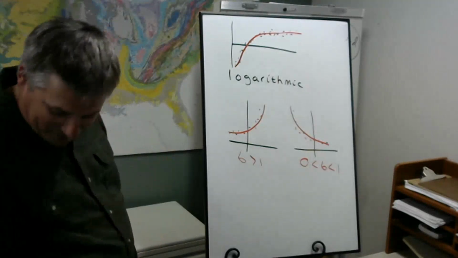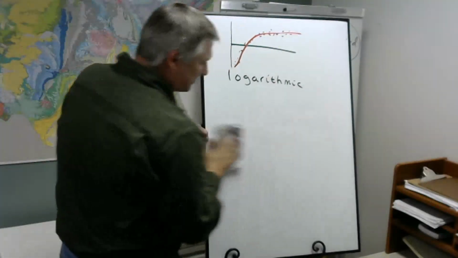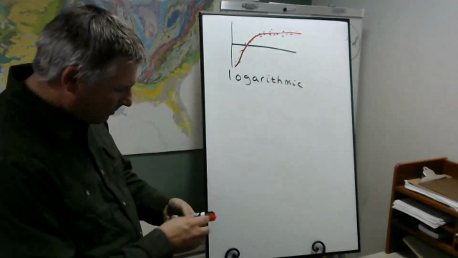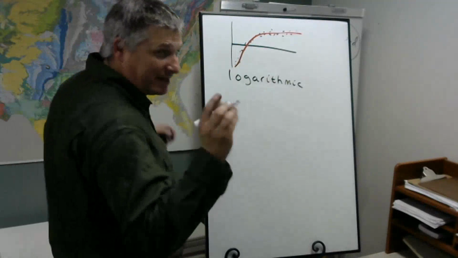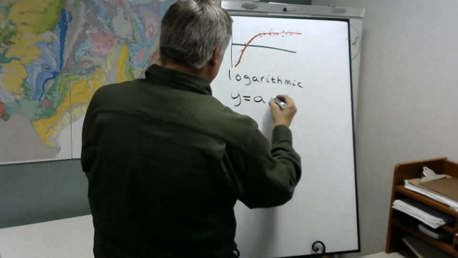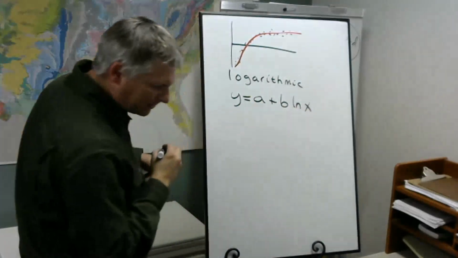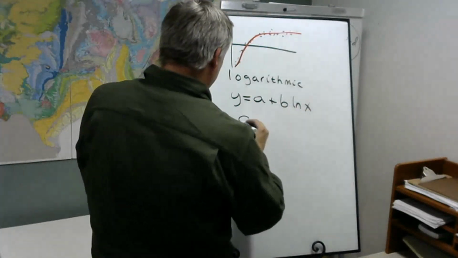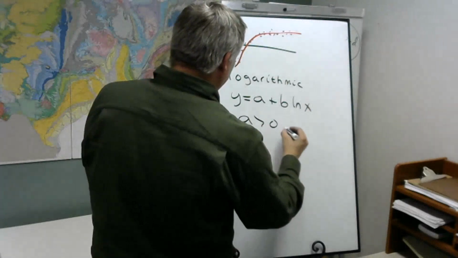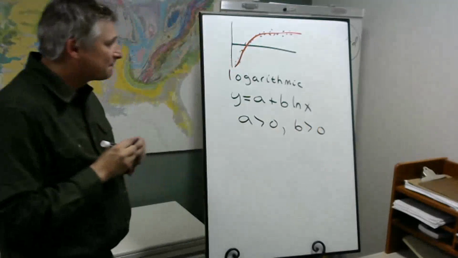So going back to this logarithmic curve, what the text recommends is something like this. And for these parameters, a greater than 0, b greater than 0.